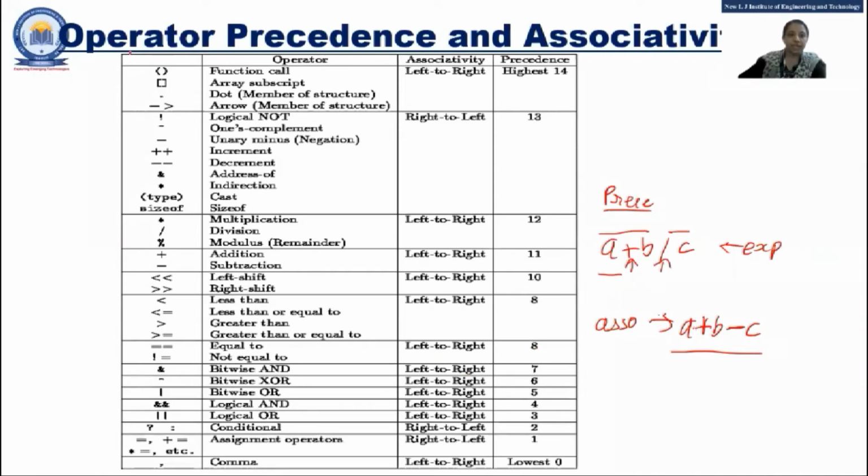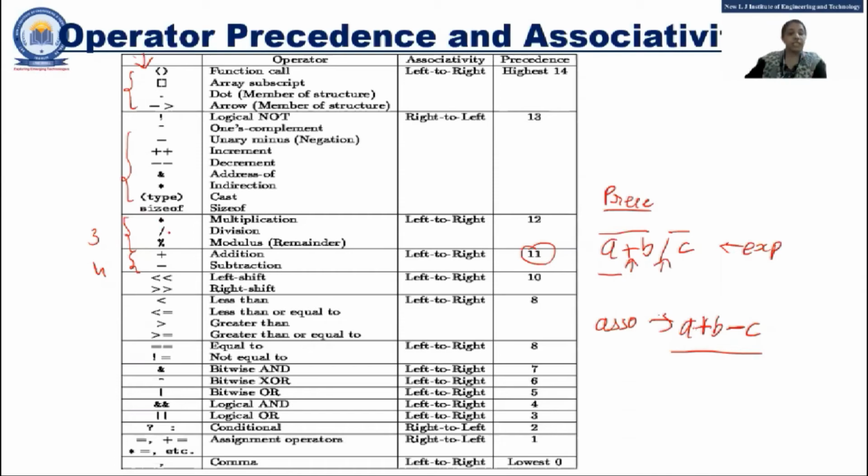So how will you identify? Concentrate on the first column here. Here is the first block, here the second block, here the third block, and here the fourth block. You can see that plus and minus have the same category, that means the same precedence, which is 11.